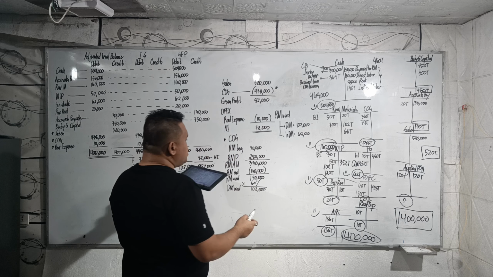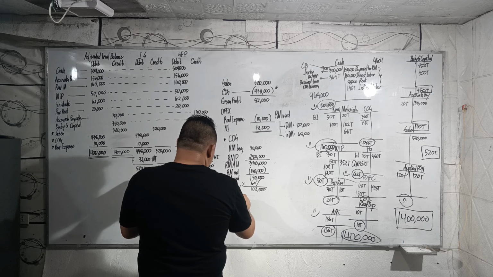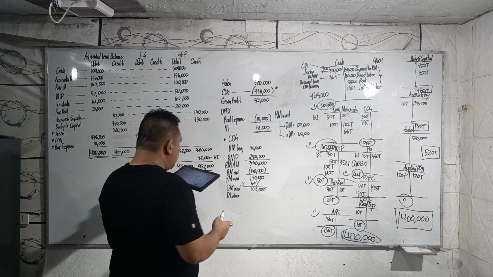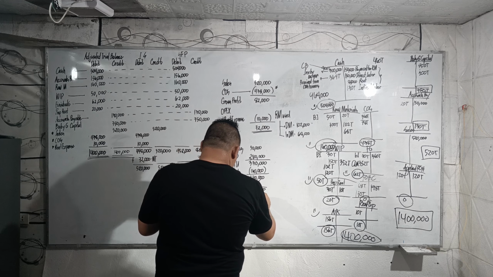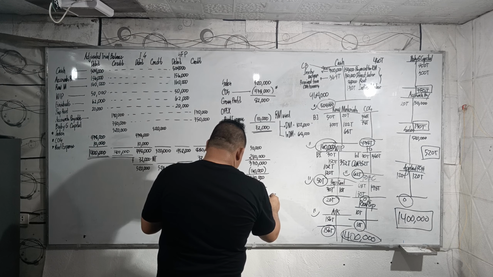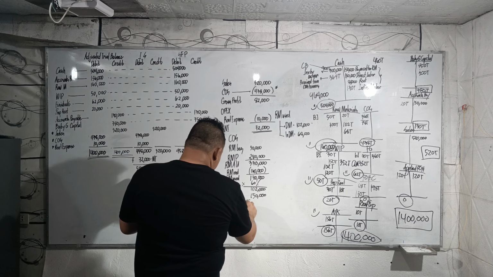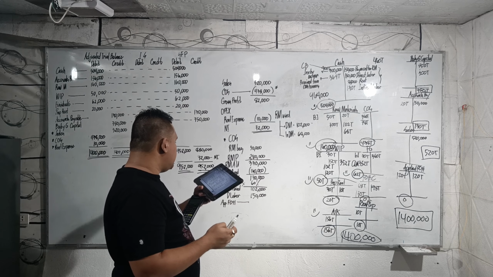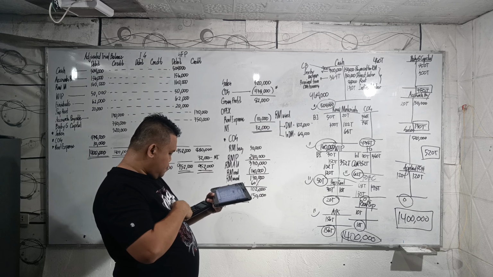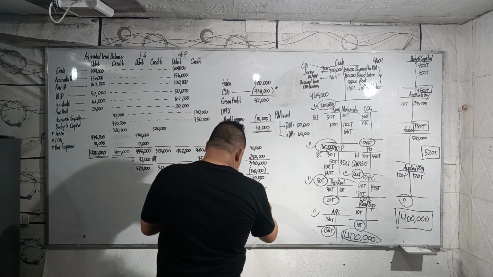So if you have the cost of direct materials already, you go to direct labor. On the direct labor here, we have 150 direct labor that was paid. And then you go to the applied factory overhead, which according to the problem is 80% of the direct labor. So 150 times 0.80, you have 120.